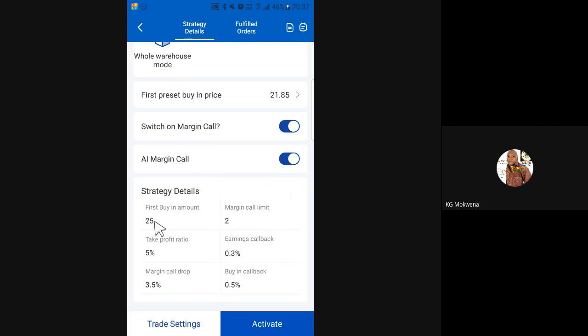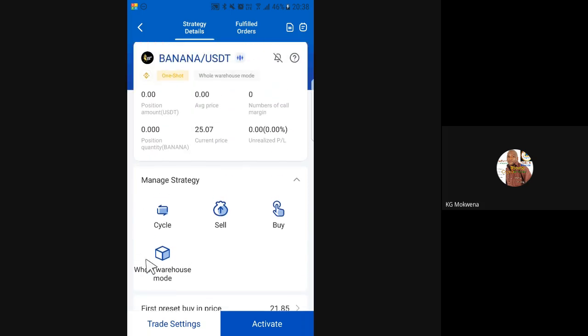So now, can you see also, business partners, that we have take profit ratio, that is the take profit target, for instance, or percentage, is 5%. It means the robot will collect 5%, and thereafter the robot will come out of the market because we are trading one shot. One shot simply means that the robot is going to collect profit and come out of the market. It collects profit when the target has been reached 5% and it exits.